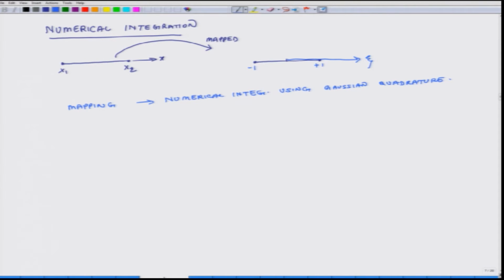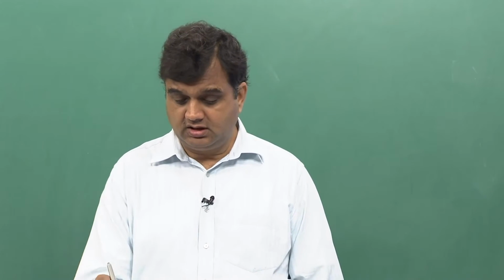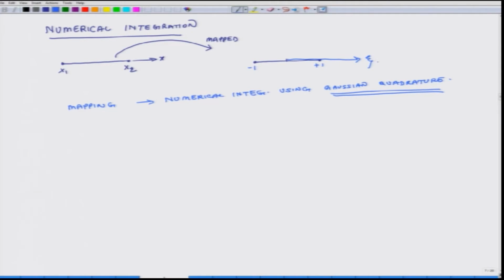The reason we have to map it in the zeta domain is because the numerical integration scheme of Gaussian quadrature works in zeta domain, where the size of the element is -1 to 1. So, that is why we have to map it.